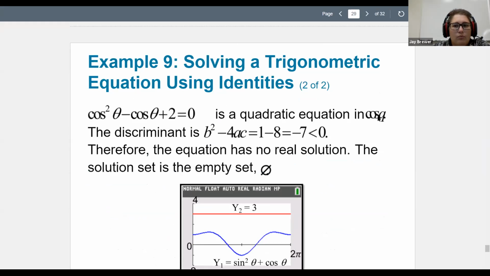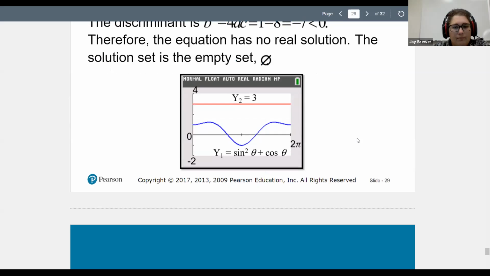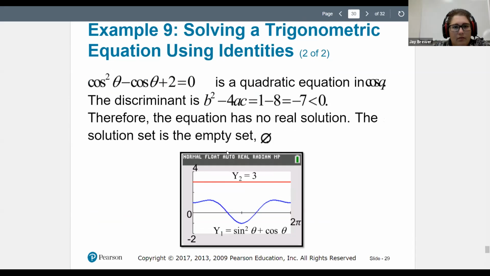All right, so if you recall, we used to use the discriminant to find out something about our solution set. So we have a 1, a -1, and a 2. So that gives us 1 minus 8 equals -7. -7 is less than 0.